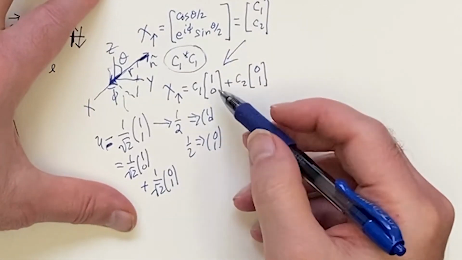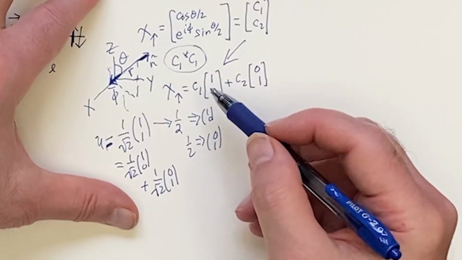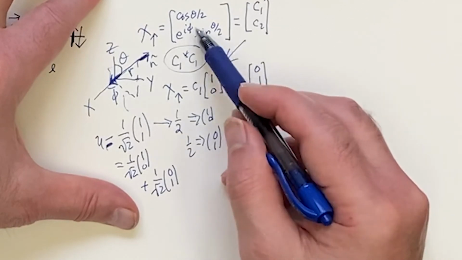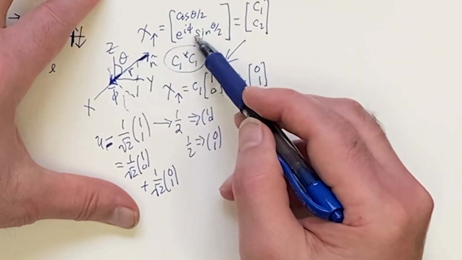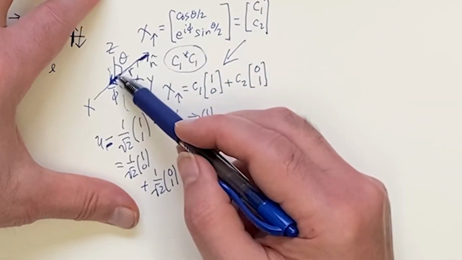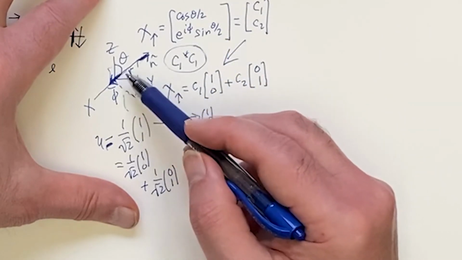So this helps understand all the stuff that we have done. You're basically finding the spin up along an arbitrary direction, and these give you the probability of making the measurement along the Z direction.